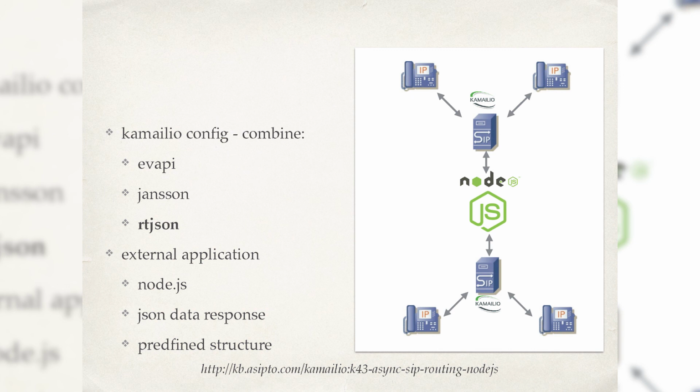So combining these three modules, Event API with a JSON parser, and this RT-JSON, which is routing based on a special JSON document structure. And the external application, I chose Node.js in this case because it seems to be something quite popular these days, although I'm not into web programming, although this is server-side programming.